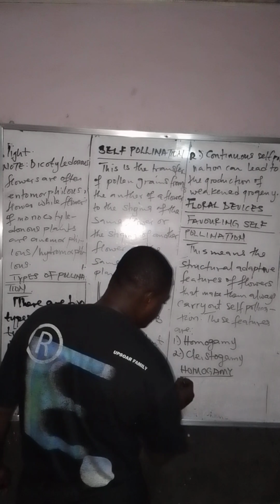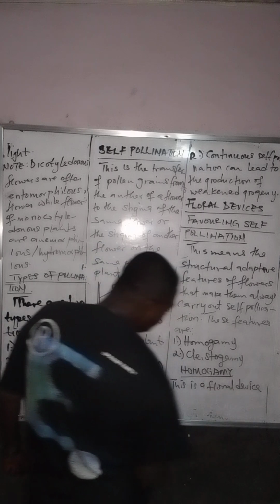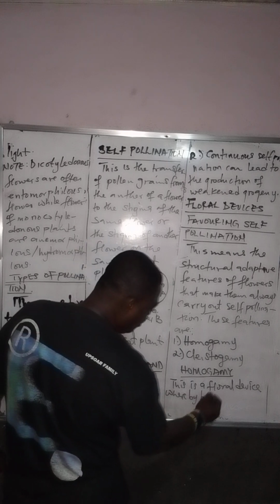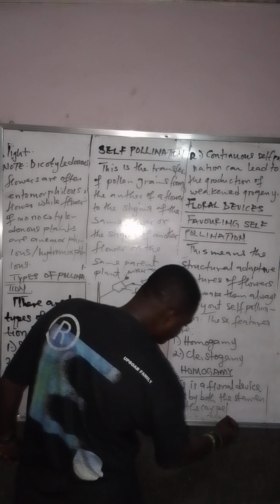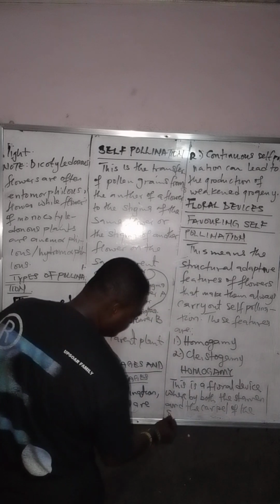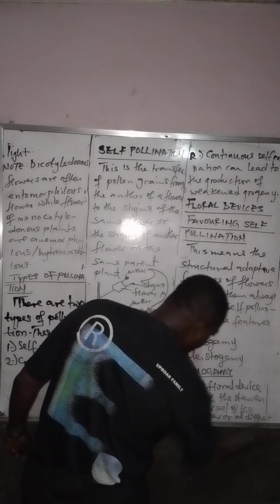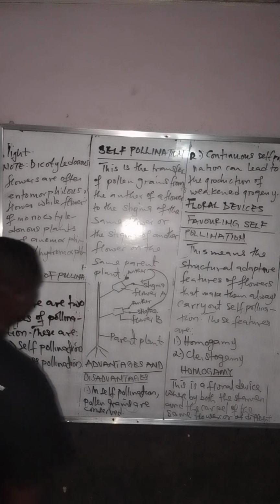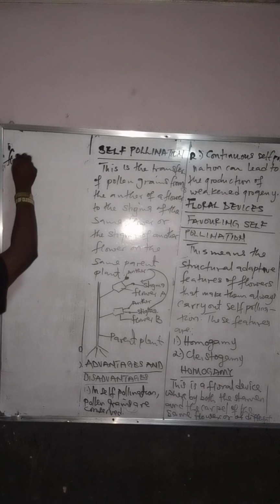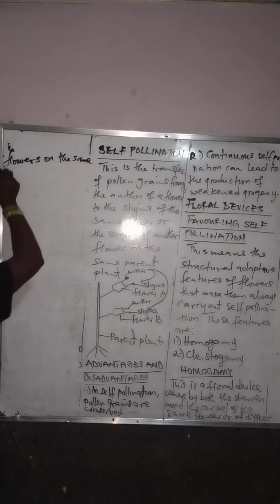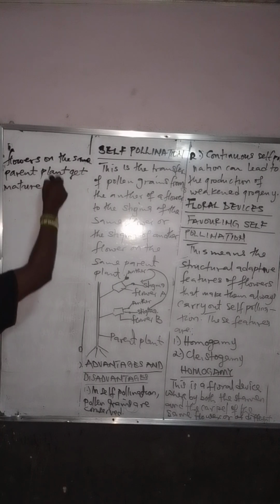Homogamy is a floral device whereby both the stamen and the carpel of the same flower, or of different flowers on the same parent plant, get mature at the same time.